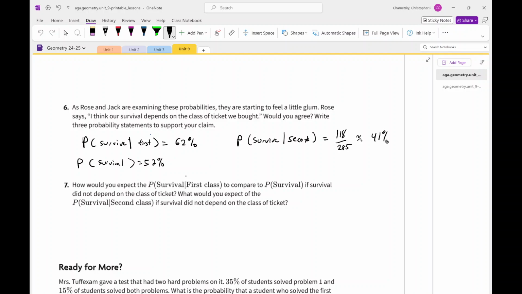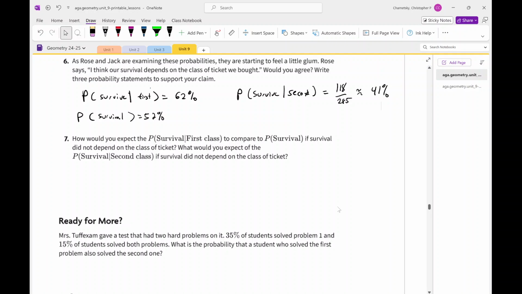So if class was independent, if everybody didn't affect the survival, what we'd expect is that all of these percentages would be the same, okay?